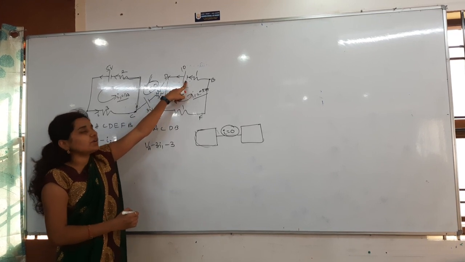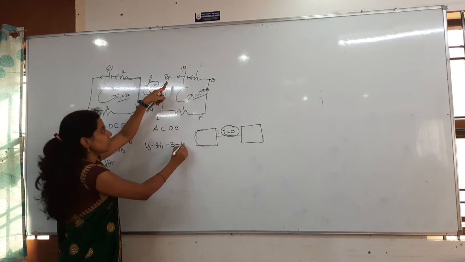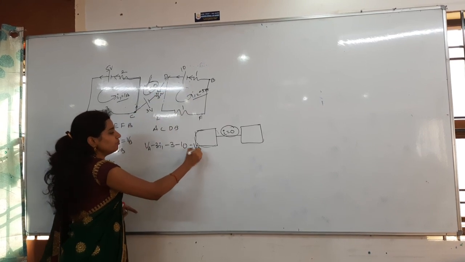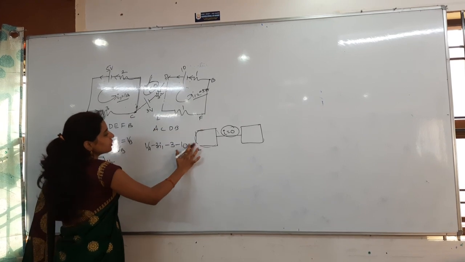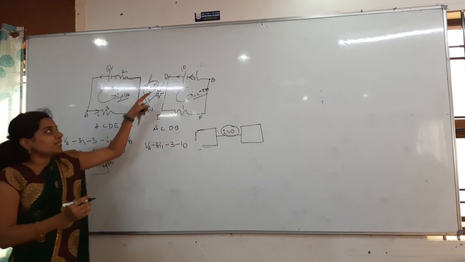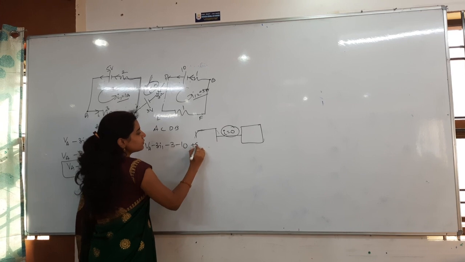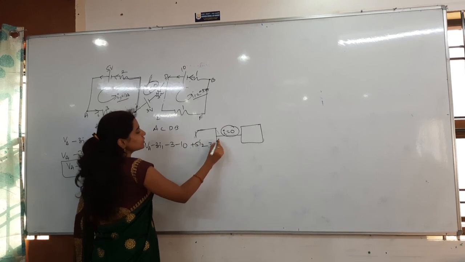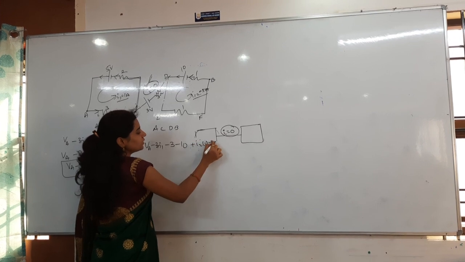Then here directly we got a battery, higher potential to lower potential. What will you get there? Minus 10, and then directly VB. Then resistor also there, na? In the resistor how the current was flowing? In this direction, but we are traveling in which direction? Opposite direction. So what will you get here? Plus 5 into I2, that is equals to how much? Plus 5 into 1, I2 into 1, that is equals to how much?